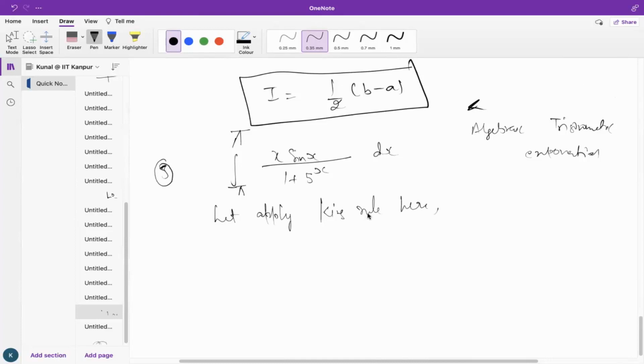So when you apply King's rule here, let me write it clearly. Our lower limit is minus pi, and upper limit is pi.